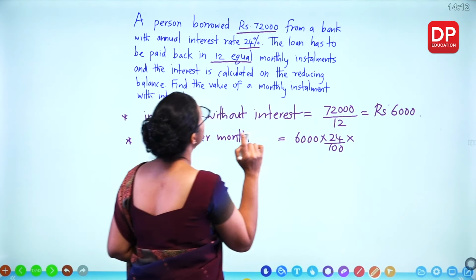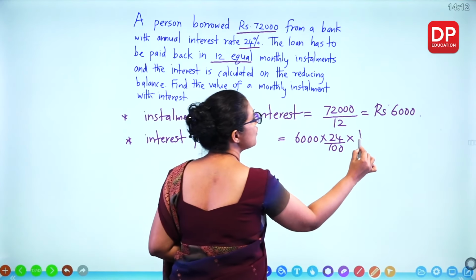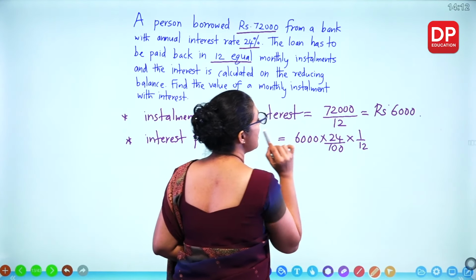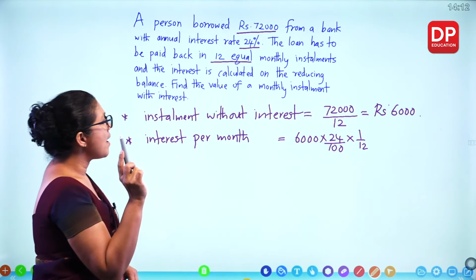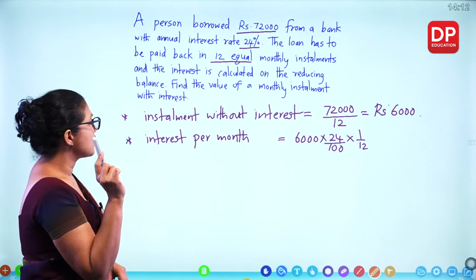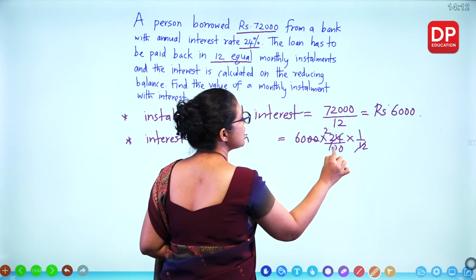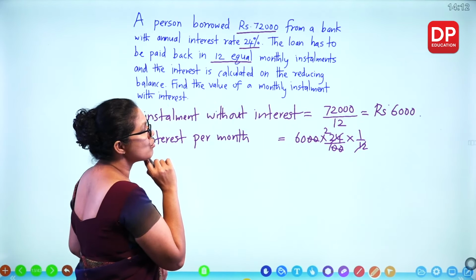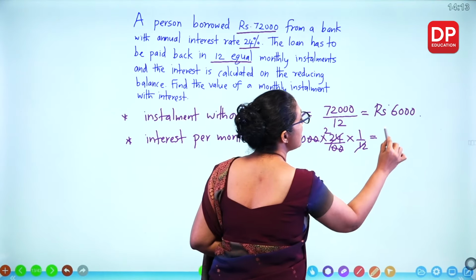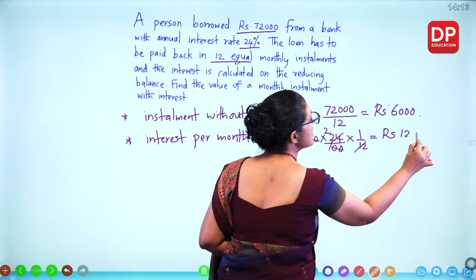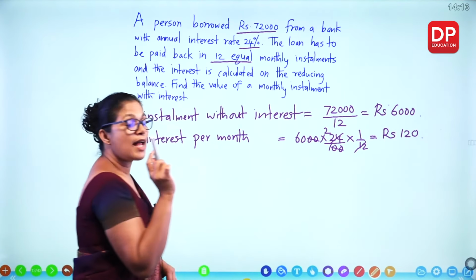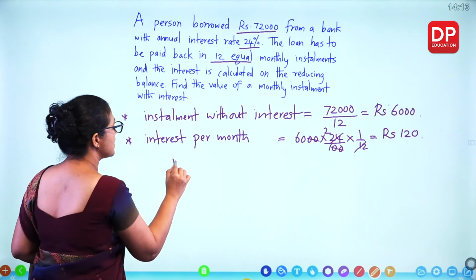This is annual given, so you have to divide by 12 for the monthly interest. So 12 times 2, 2 zeros get cancelled out. 2 times 60, 120 rupees.